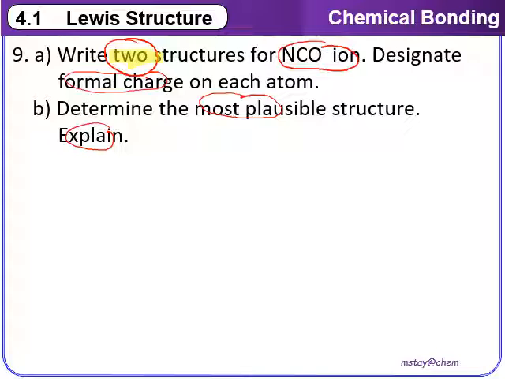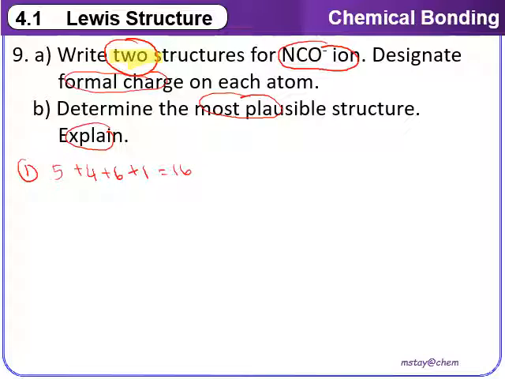Next, when we want to draw the structure, we need to calculate the total valence electrons. Nitrogen 5, carbon 4, oxygen 6, negative means gain 1 electron, so total 16 valence electrons.